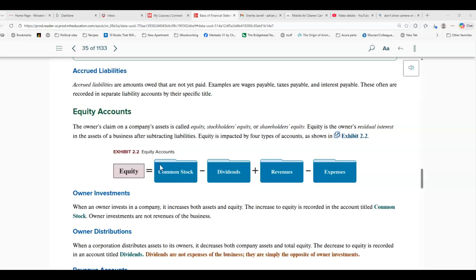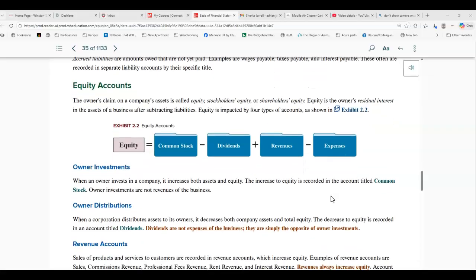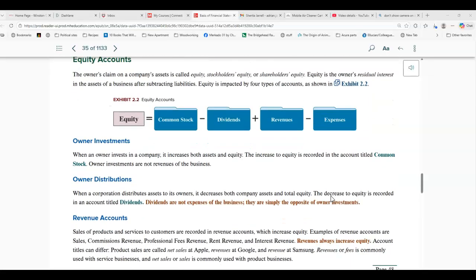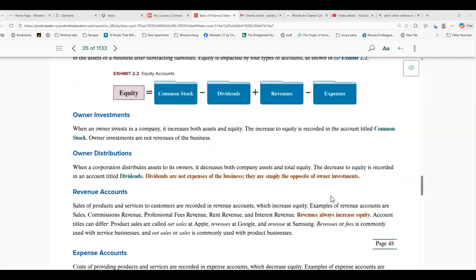So common stock is paid in capital or contributed capital. These are owner distributions. Dividends are revenues, is things we've earned, amounts we've earned, and expenses are amounts that we had to pay, expenses that we incurred to earn our revenues.